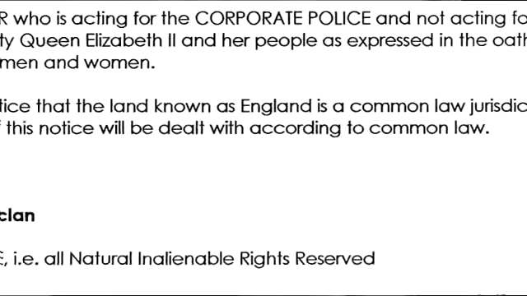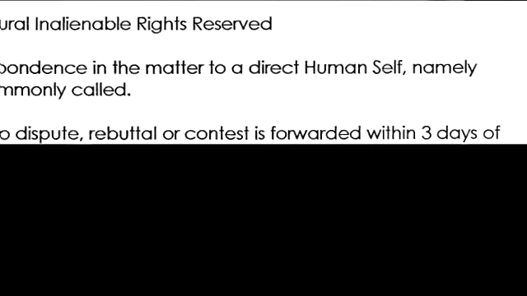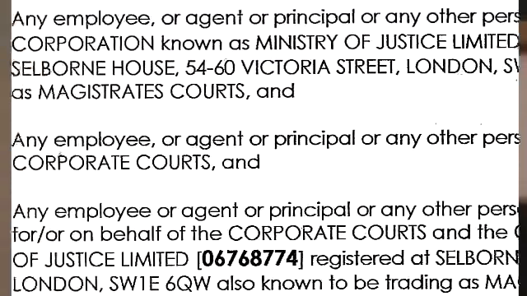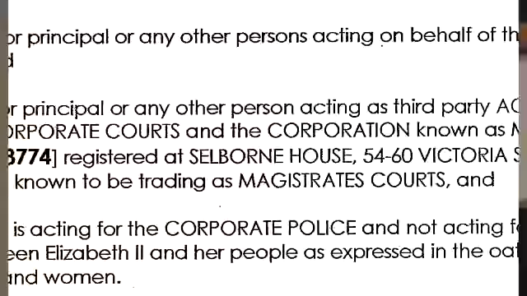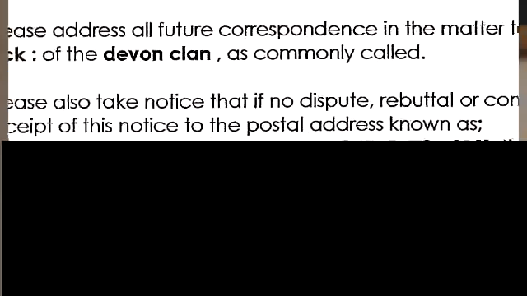One was to protect my property, and one was to protect my access, to stop them having any implied right of access onto my property. So those 2 are there.